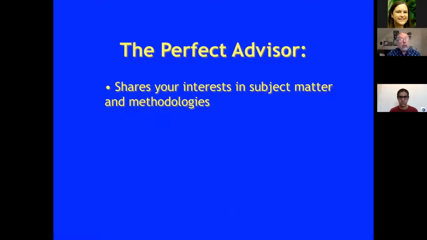So who is that person? That's a person who's interested in the same general stuff that you are, and who is interested in studying it using the methodologies that you're interested in too. In other words, someone who can guide and critique your ideas about the subject area, but can also troubleshoot your nuts and bolts methodological issues.